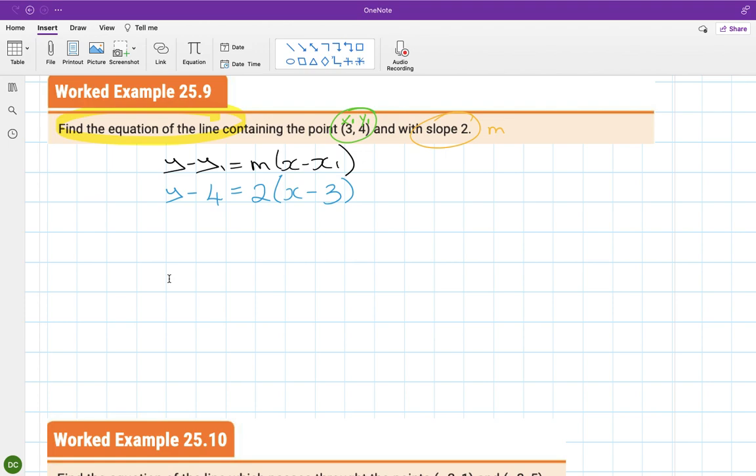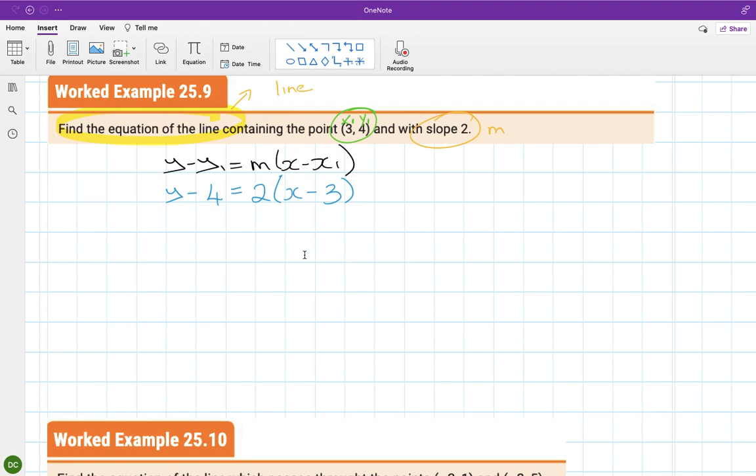Remember, you have two ways to present your line. The first way is y equals mx plus c, where you isolate y, and generally speaking, that's the easier one to do.